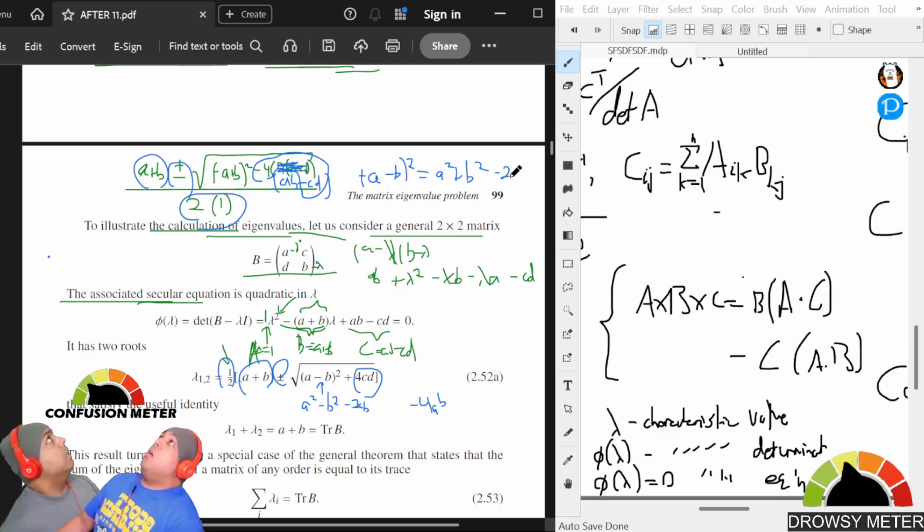Why can't I do this? Minus a minus b. Minus a times minus b is ab, so positive 2ab. And if we add that to the 4ab we had here, a squared minus b squared.